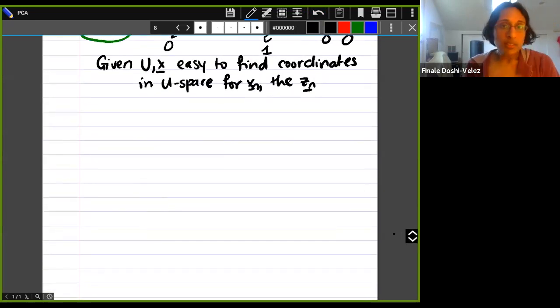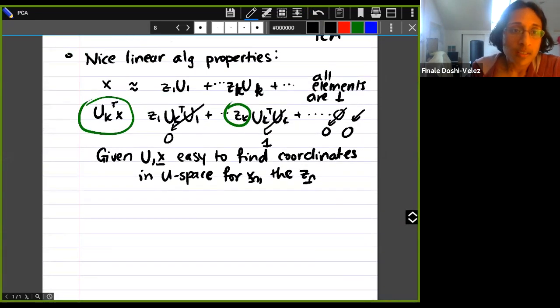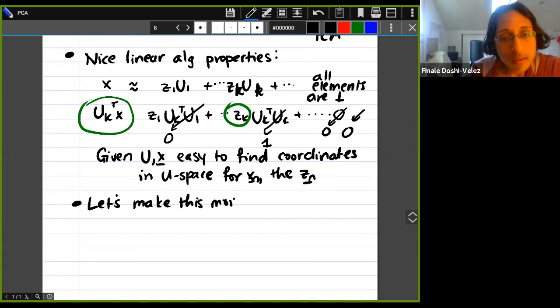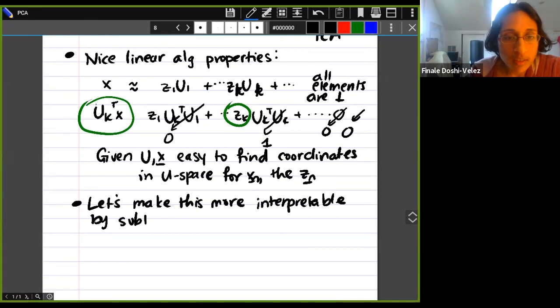All right, so that was some nice linear algebra properties that we had. Okay, let's make this one more step. Let's make this more interpretable by subtracting X bar, the mean of the data.